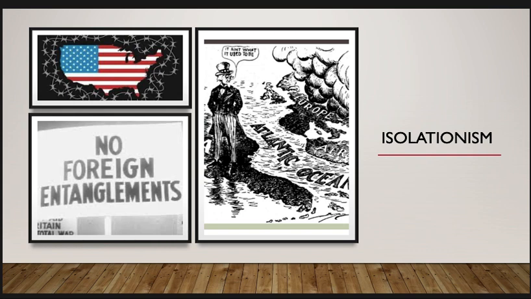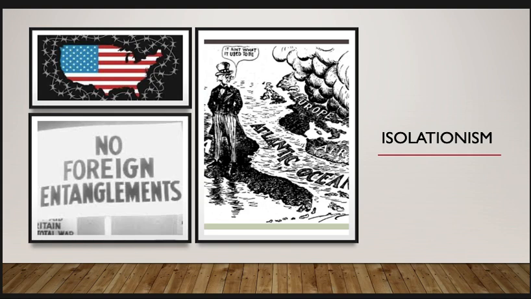Militarily, we're very isolated. We had one of the smallest militaries on Earth in the 1880s and 90s. Politically, very isolated. I'm pretty sure we didn't even send ambassadors to many of the largest foreign nations.